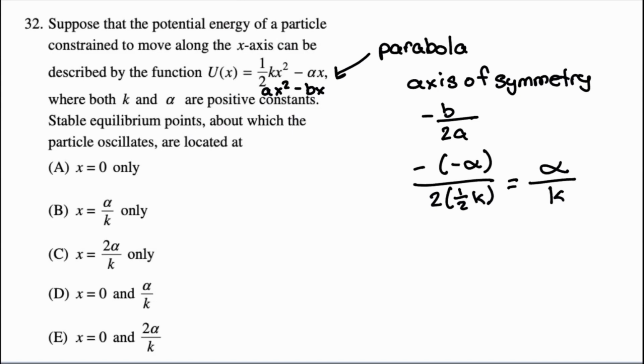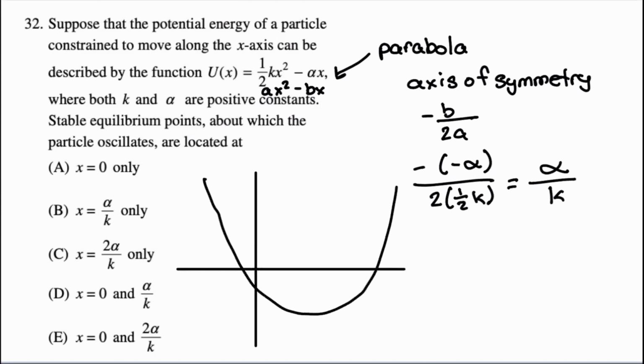And this parabola faces upwards. It has the U shape because a is a positive number. So it's going to look something like this. I don't know its exact placement along the graph. And this axis of symmetry is going to fall where x is equal to alpha over k.